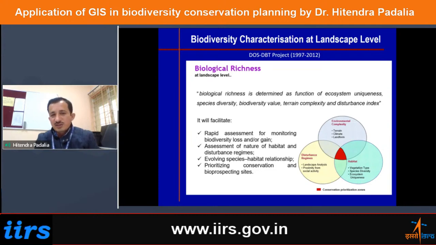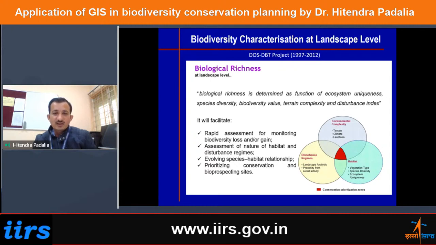So this was basically a hypothesis that all over India, biodiversity is not evenly distributed: some areas are very rich, some are moderate, and some are lower. Now the problem was how to model it.